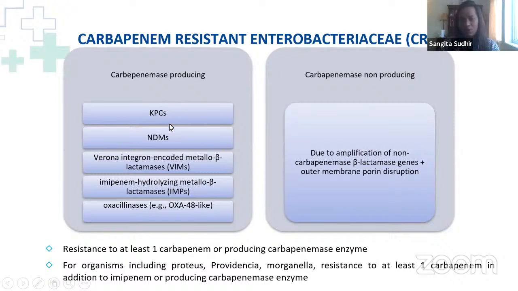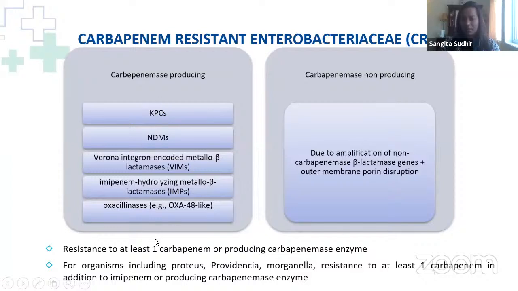These are some of the common carbapenemases: KPCs, New Delhi metallo-beta-lactamases, NDMs, Verona integron encoded metallo-beta-lactamases, VIMs, imipenem hydrolysing metallo-beta-lactamases, IMPs, OXA48, etc. In India, as per the reports, co-production of NDMs and OXA48 is comparatively more common than the KPCs. NDMs and OXA48 are more in India.